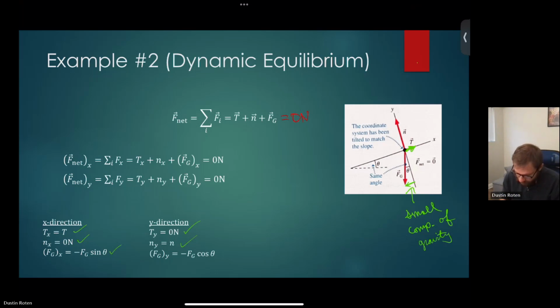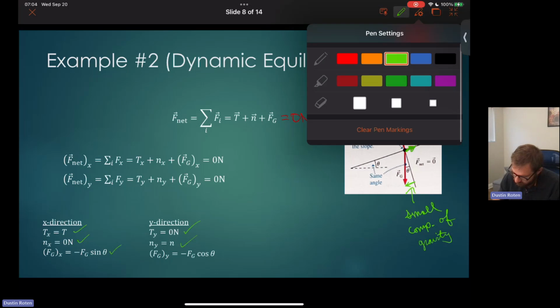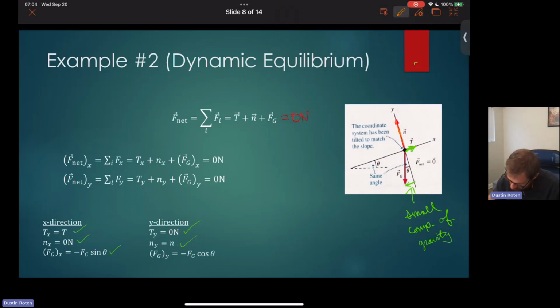Okay, so we have our normal force in orange here pointing up, but then there's also this component of gravity. This is the much larger piece of gravity pointing down. So we need that y component of gravity. Because of the angle we're looking at, this y component, the orange here, is adjacent to the angle, so we need to use cosine.